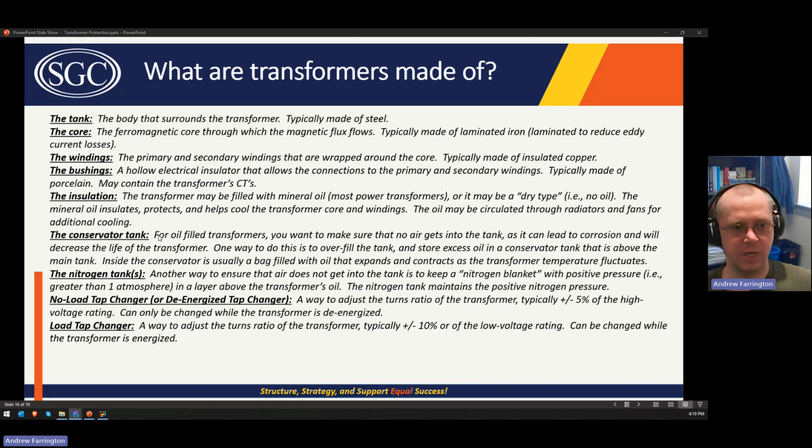One, it's used to insulate the core and the windings from the tank, because it's a better insulator than just air. It also prevents corrosion, because air has the tendency to corrode iron, cause rust, or may have other contaminants in it.